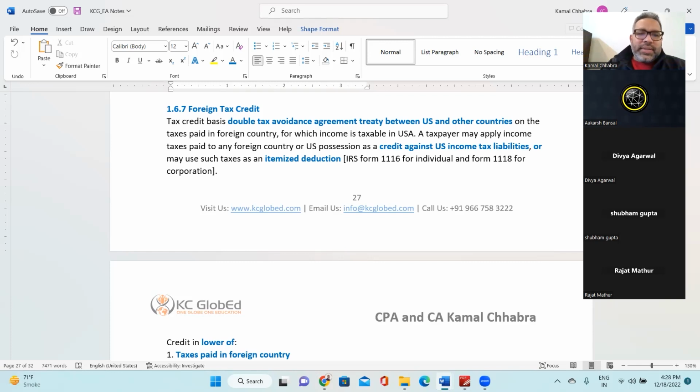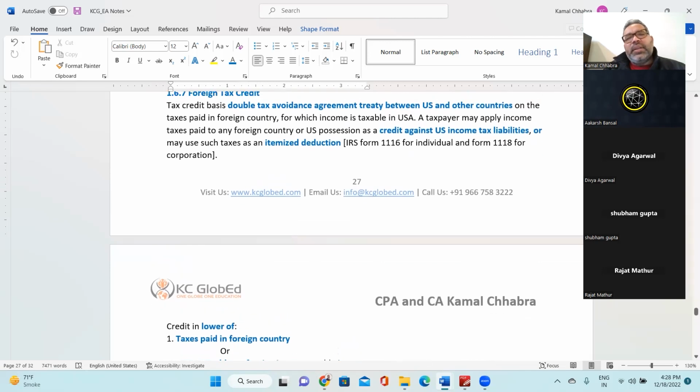What it says, based on the double tax avoidance agreement treaty between the US and the other country, on the taxes paid in a foreign country for which the income is taxable in the USA, a taxpayer may apply income taxes paid to the foreign country or the US as a credit against the US tax liability, or may use such taxes as an itemized deduction, which we have discussed earlier.